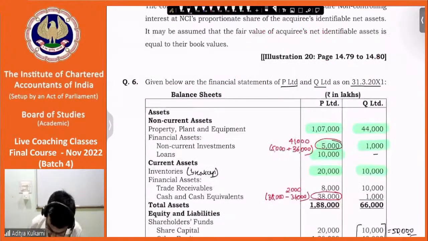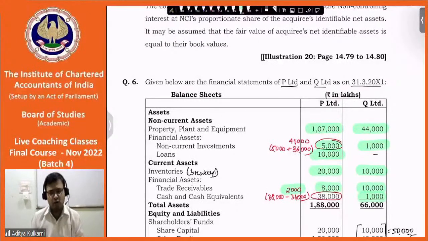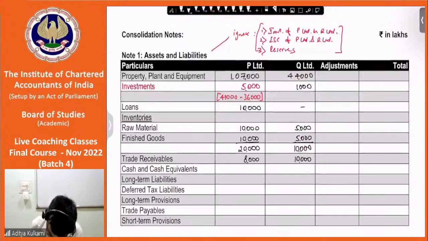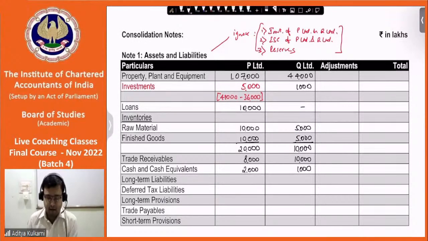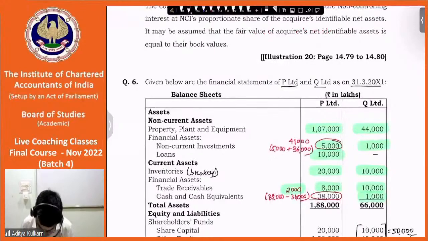Then I am having cash 1,000 and 2,000, not 38. It was 38, but we purchased those shares, no? So it is 2,000 and 1,000. Then all items of assets are done.